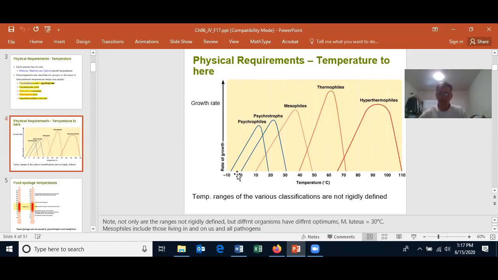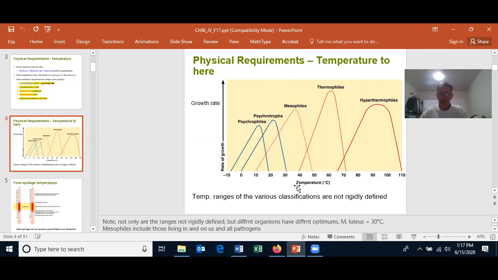And like I said, the psychrophiles grow, well, the optimum is between 4 and 10 degrees Celsius, and they can grow up to about 20 degrees Celsius. The psychrotrophs are things that grow at a little bit warmer temperature, and their optimum growth temperature is about 20 degrees. So those would be things more or less living at room temperature.